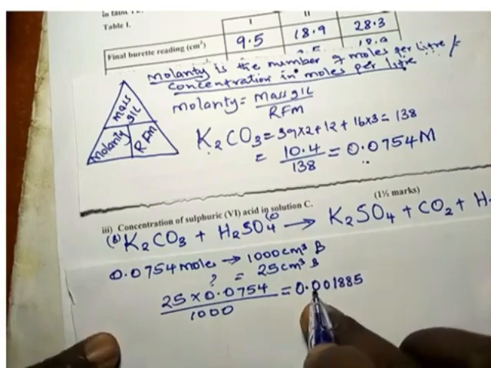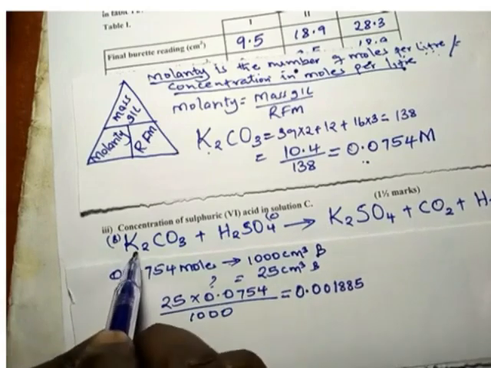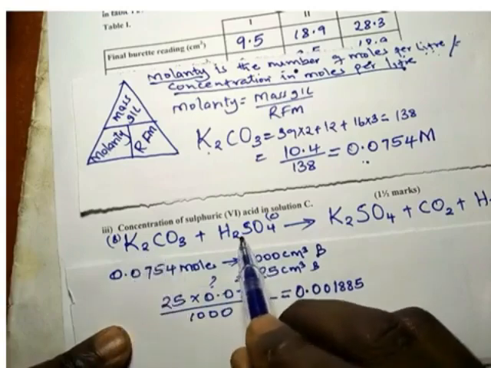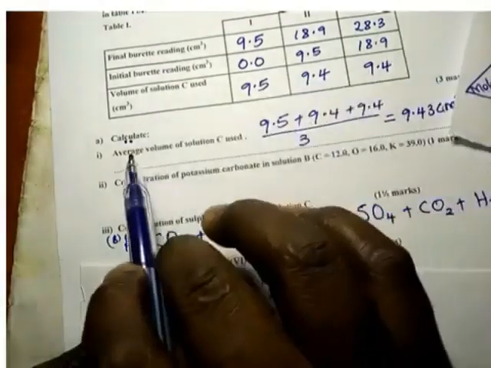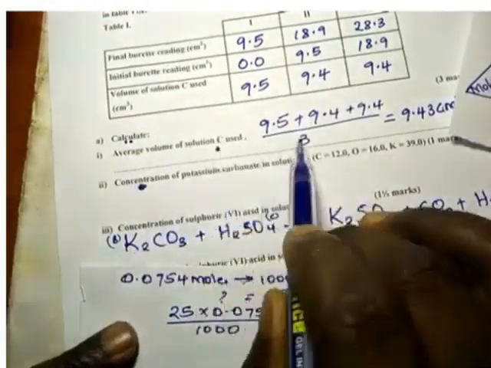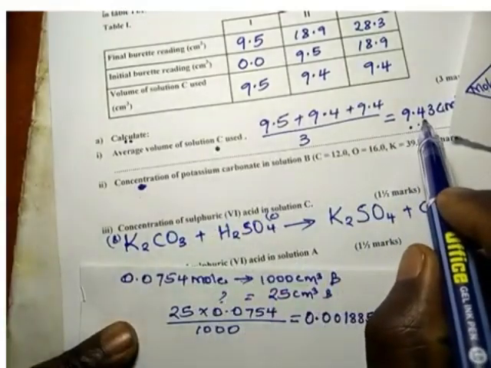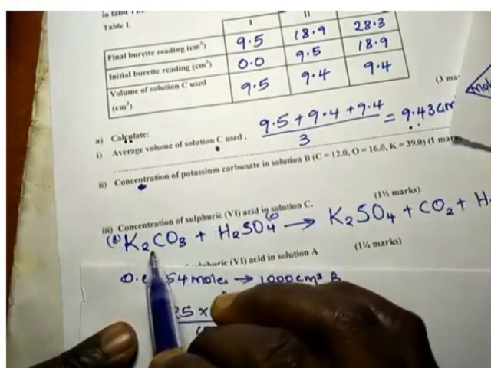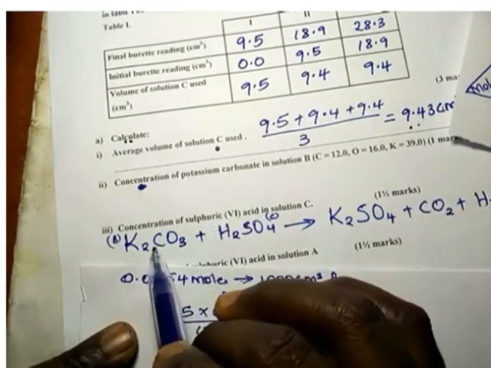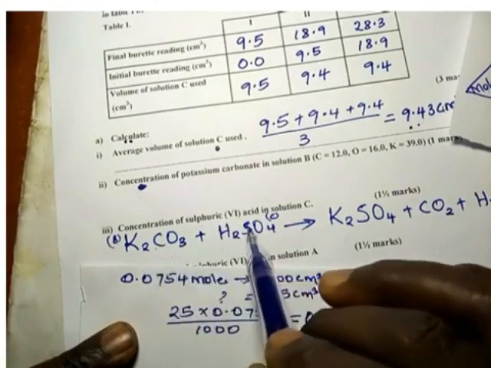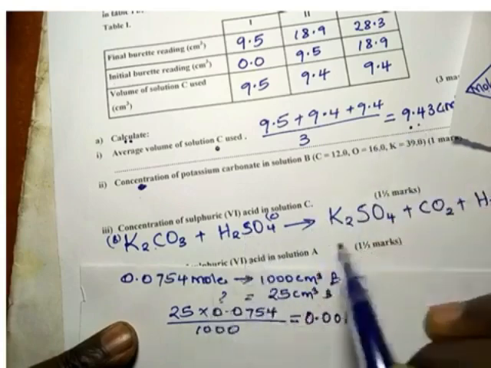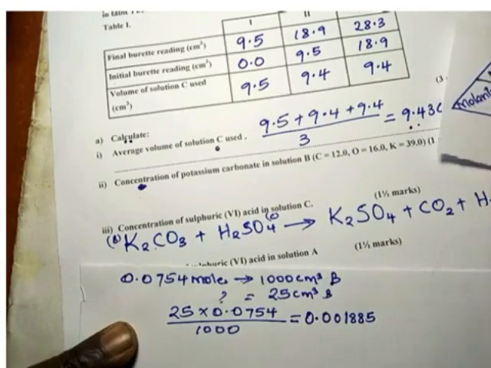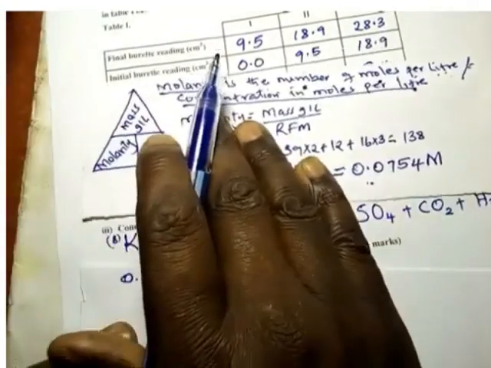So this is the number of moles of potassium carbonate that reacted with sulfuric acid. Remember, the volume of sulfuric acid, the solution C, is 9.43. So 25 centimeters cube of B, potassium carbonate, reacted with 9.43 of solution C, sulfuric acid. There we are together. Very good.